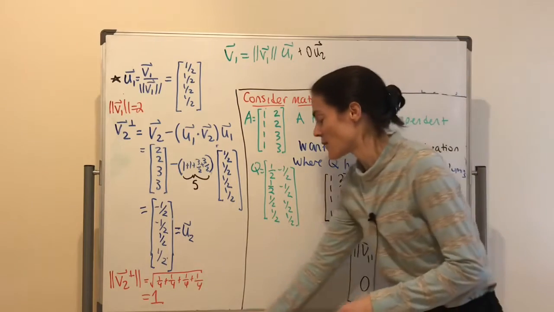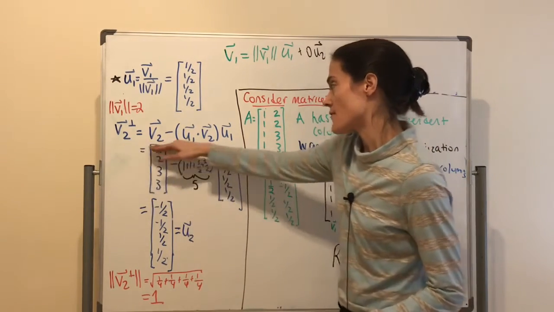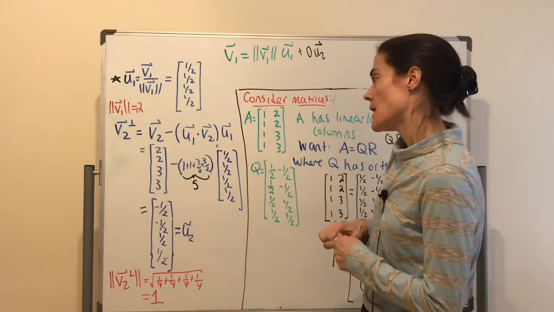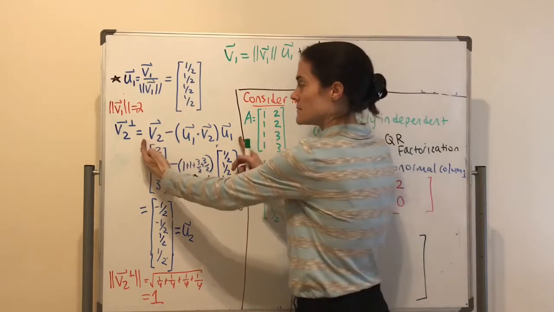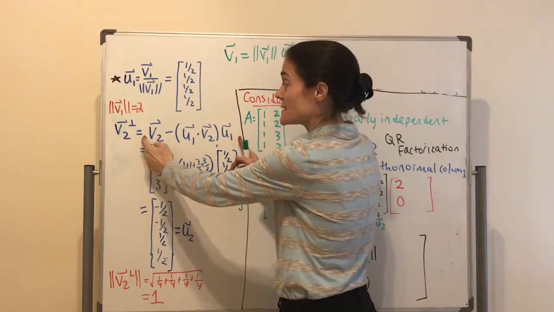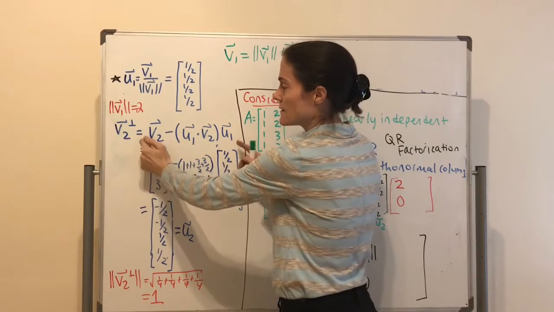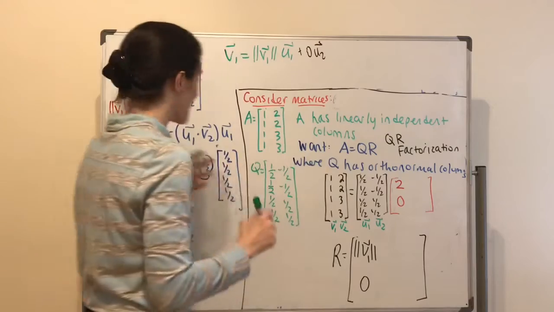So let's figure out what that equation is. Well, it's going to come from this, that if I take this, that's not exactly U2, but I take this and divide by the length, then I get U2. So it's going to be a two-step thing here.